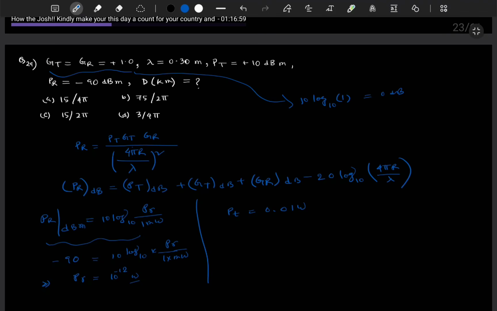Okay, now, in what I have converted it. So (4 pi r by lambda) whole square equals PT GT GR by PR.